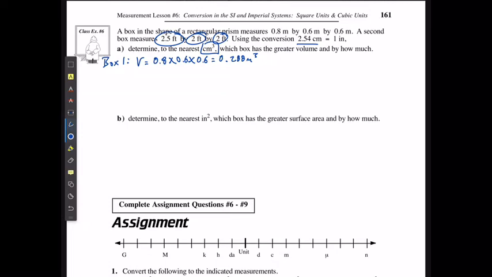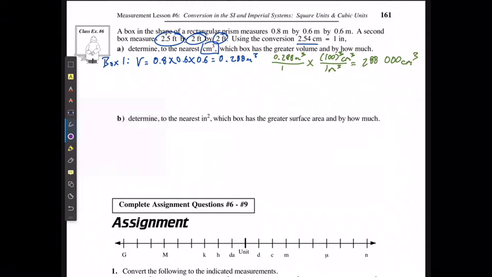So I'm going to say that that would be the same as 0.288 meters cubed over 1 multiplied by 100 to the power of 3 centimeters cubed over 1 meter cubed, or 288,000 centimeters cubed.